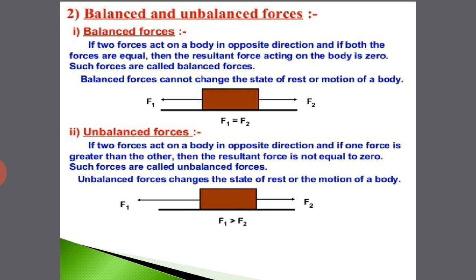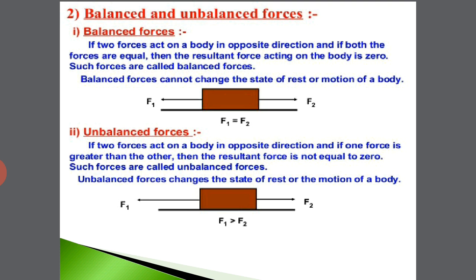Such forces are called balanced forces. Balanced forces cannot change the state of rest or motion of a body. Got it? You can see in the very first pic, F1 is equal to F2. That means if F1 is equal to 10 Newton, then F2 will be equal to 10 Newton. As a result of these two forces, there will be no change in the state of the object. It will remain at its original position.